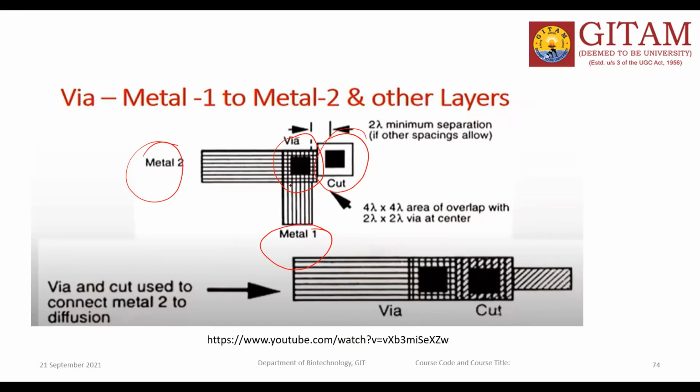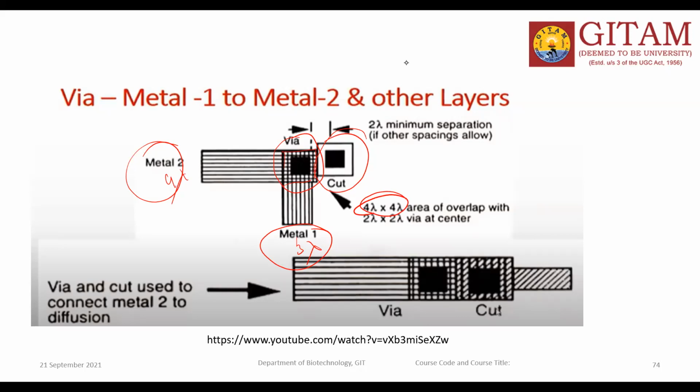The minimum width of metal 2 is 4 lambda, and the width of metal 1 is 3 lambda. Then what is the via size? 4 lambda by 4 lambda.